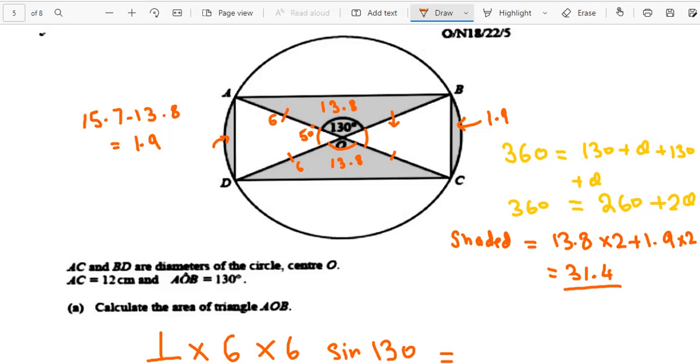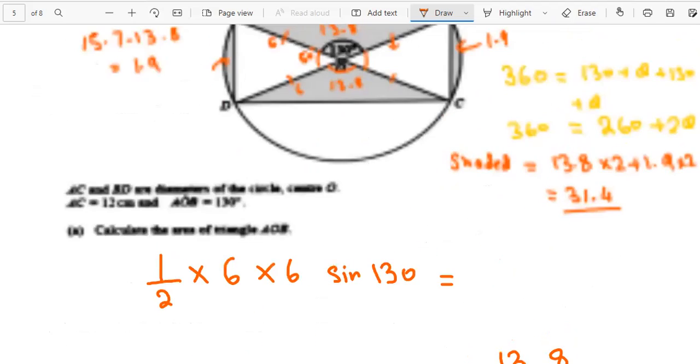Okay, so you said that the shaded area that we found, AOD, it's 31 point. Yeah, the shaded area of the circle, all the shaded areas, is 31.4. The question was to calculate the percentage of the area of the circle that is shaded.